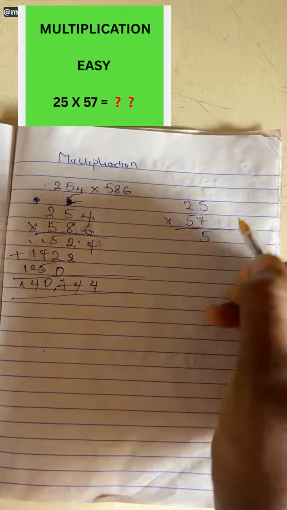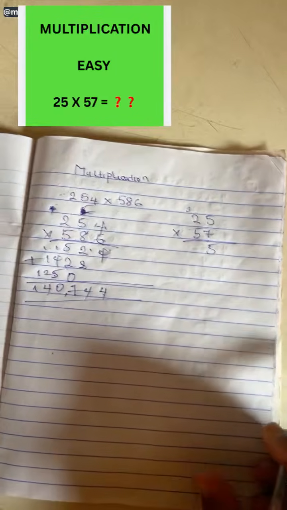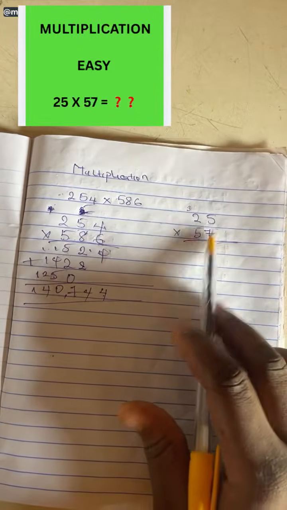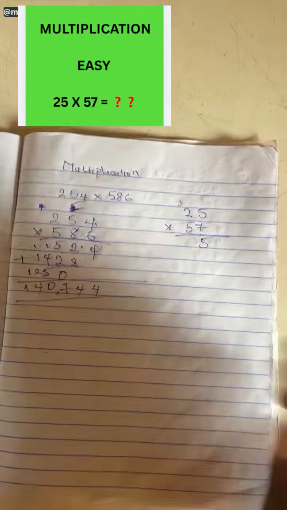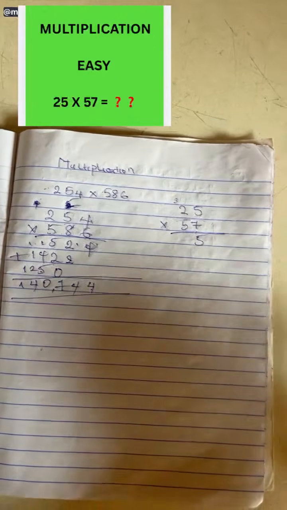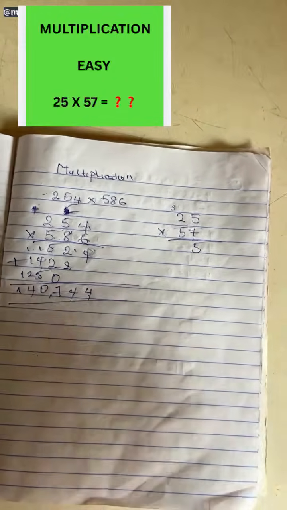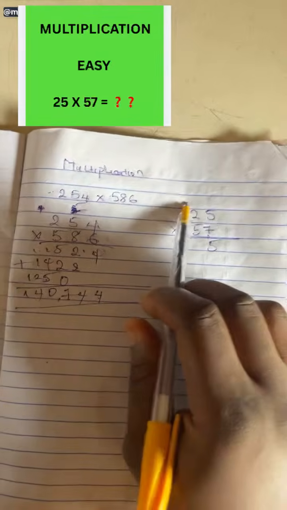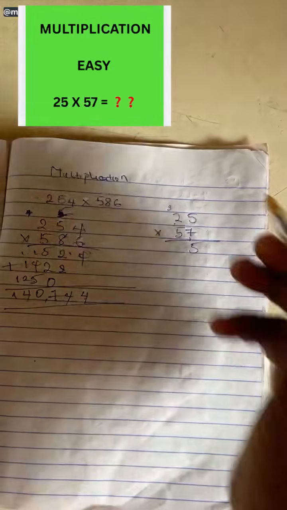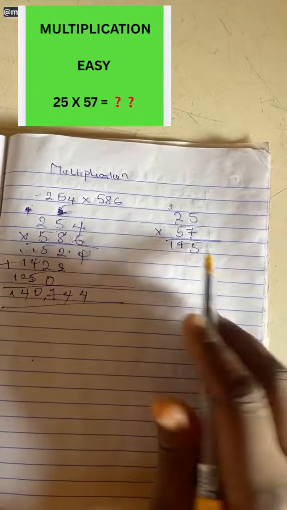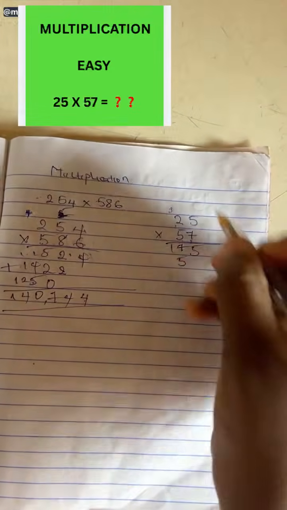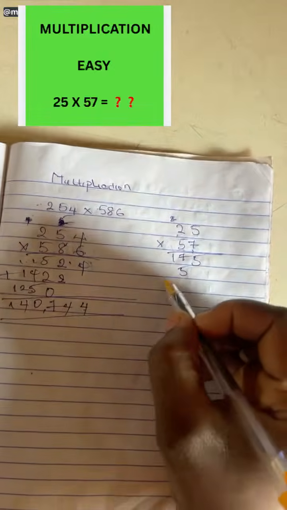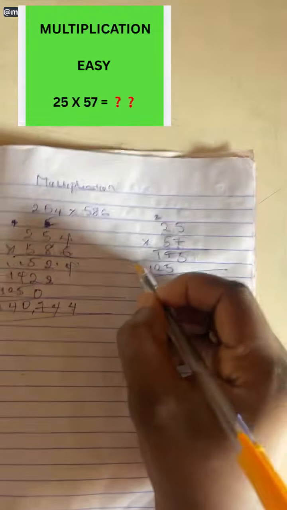You write 5, carry 3. 7 times 2 is what? 14 plus 3, 17. 5 times 5, 25. You write 5, carry 2. 5 times 2 is 10, plus 2, 12. You bring down this.